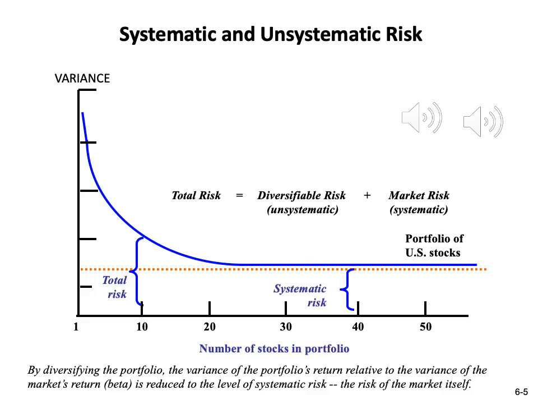As you can see, when you hold about 20 stocks in your portfolio, the total risk will approach the market risk. So you can diversify away the firm-specific risk around 20 stocks.